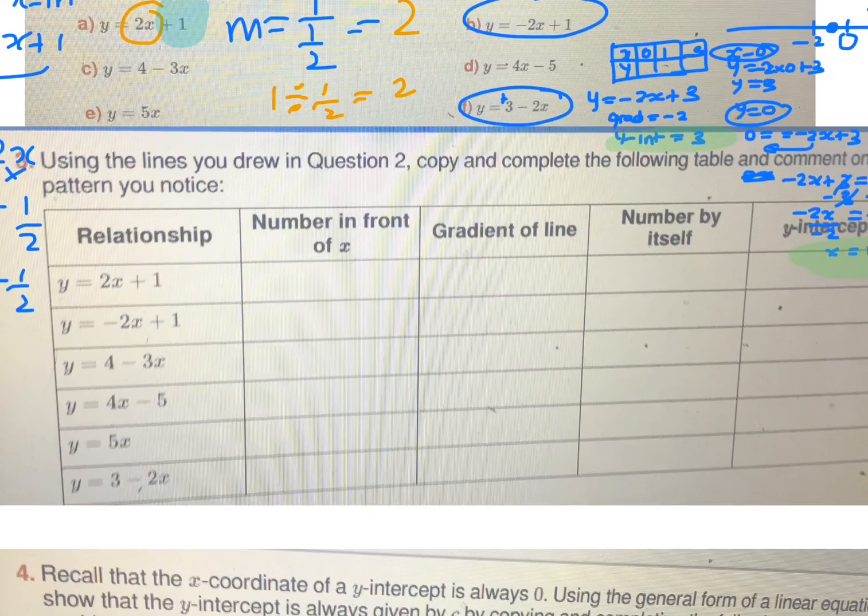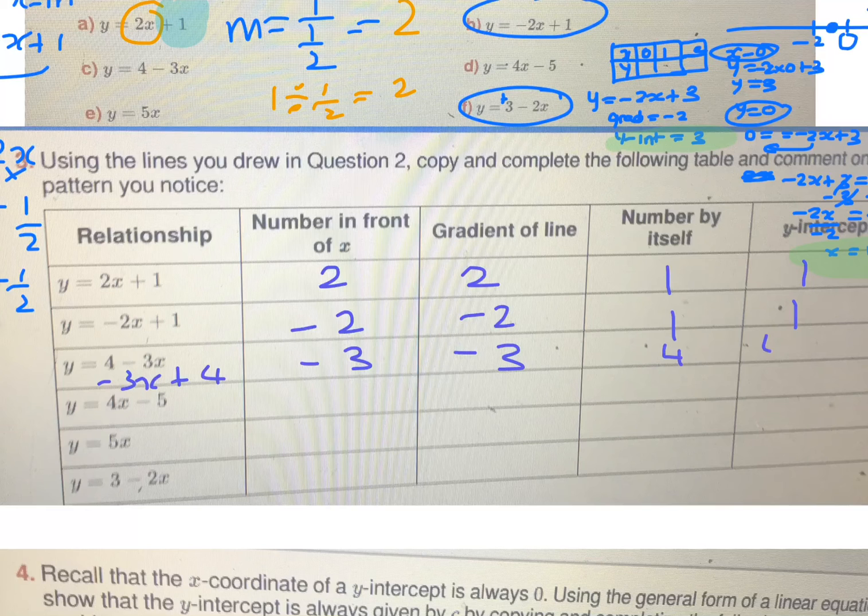If we look at this then, when we answer this, the number in front of the x is a 2, so the gradient is 2, and the number by itself is 1, so the y-intercept is 1. So this is minus 2, gradient is minus 2, y-intercept 1. This one's back to front. It's minus 3x plus 4. So that should be minus 3 for the gradient, and 4 for the y-intercept.